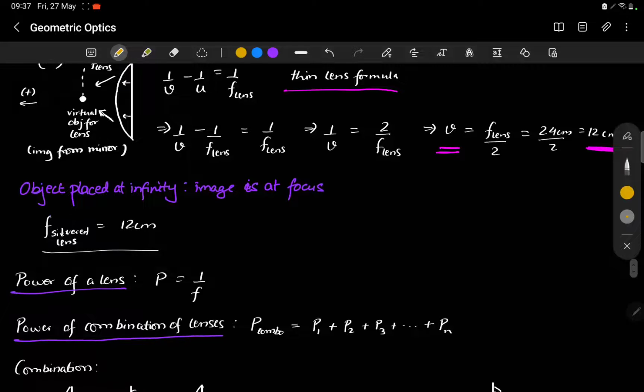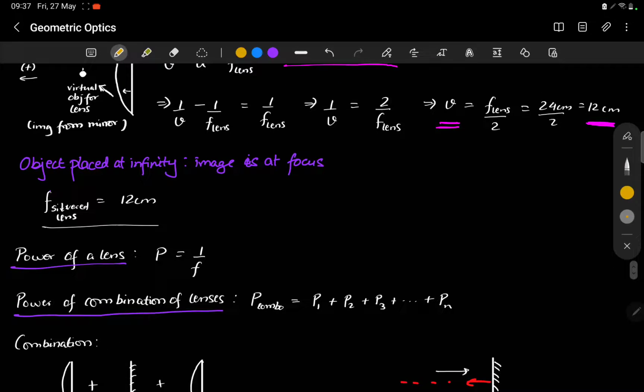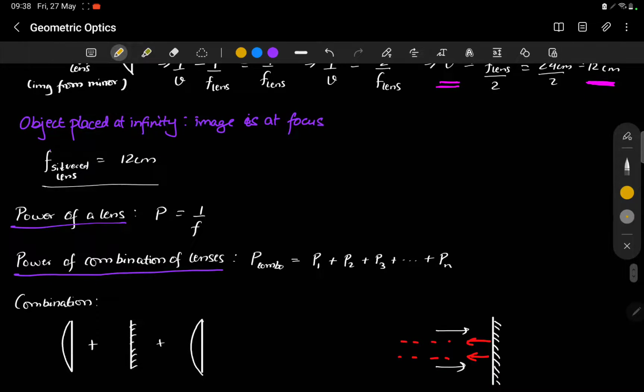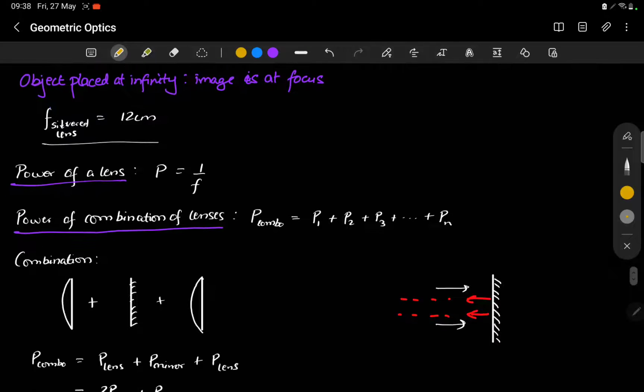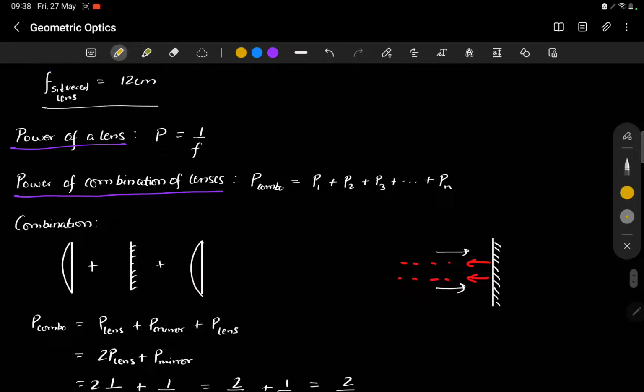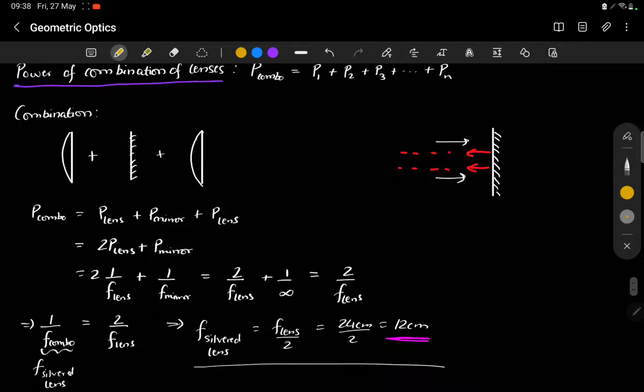And a simpler or a faster way to solve this question we had seen was by using the concept of power of combination. So power of a combination of optical elements is sum of power of individual optical elements, and then we applied it to our combination of lens followed by mirror followed again by the lens, because the ray comes in, sees the lens, then sees the mirror, and then goes back through the lens and comes out.